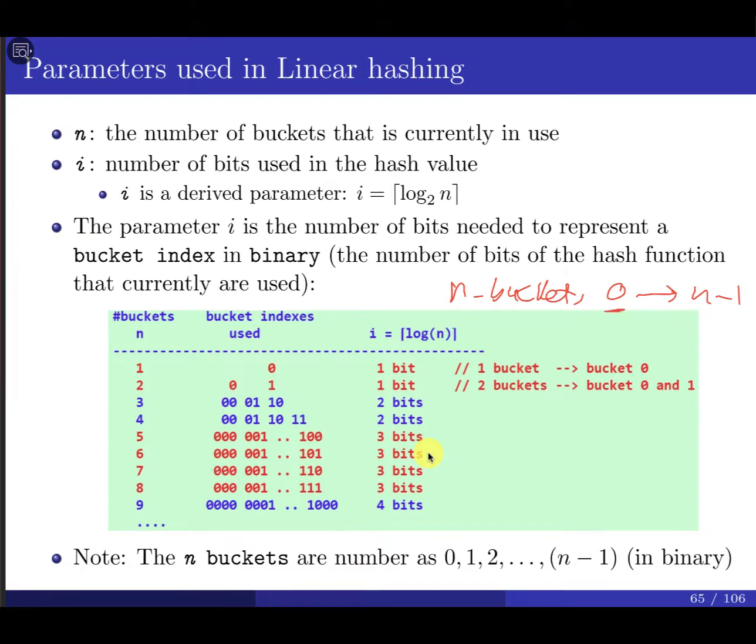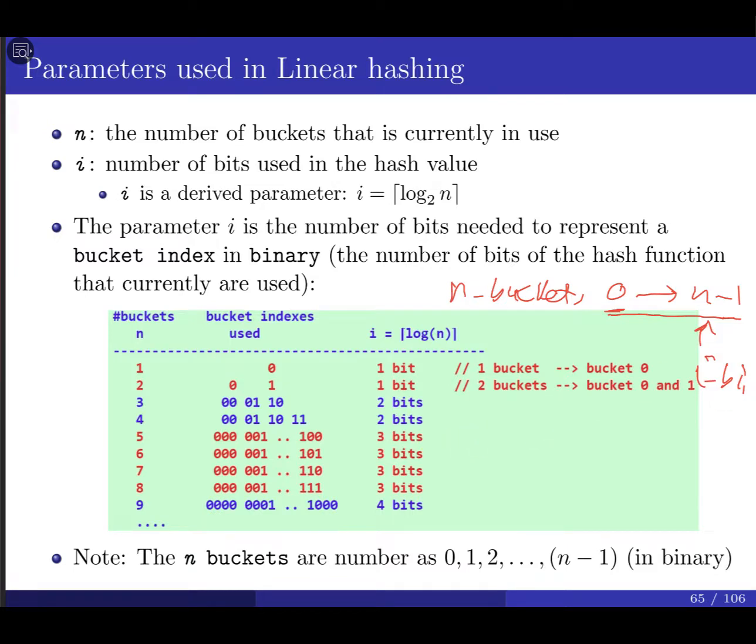And depending on the value of n, you need to specify how many bits you need to represent all of them, which is going to be the value of i. In other words, we use i bits to represent all these indexes. That means I just need to consider the first i bits, the low-order bits of the hash value, to tell me to which bucket I need to hash the search key. Okay?